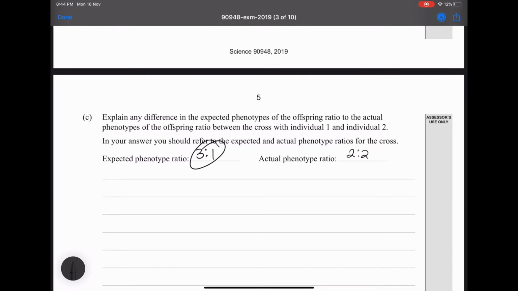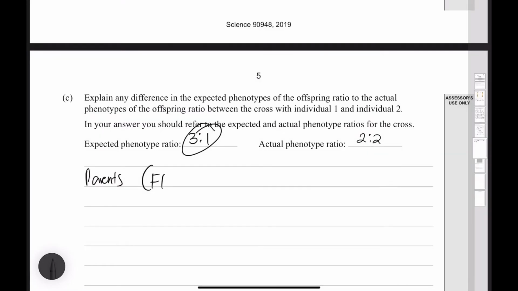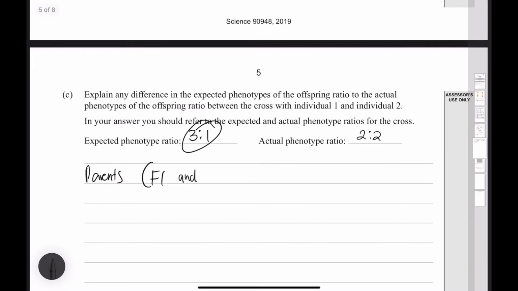So we can write parents F1 and F2, they carry more of the condition than expected.